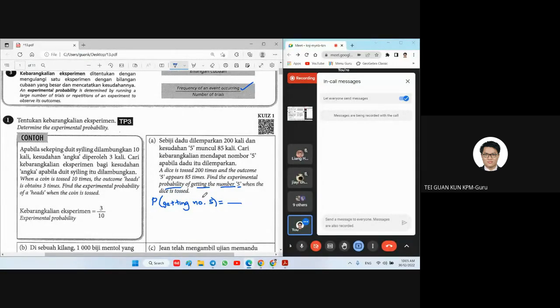How many times does number 5 appear? 85. Okay, out of 200 times you toss the dice, number 5 appears 85 times. So 85 is the number of times number 5 appears. Then the number of trials is 200. So over 200.